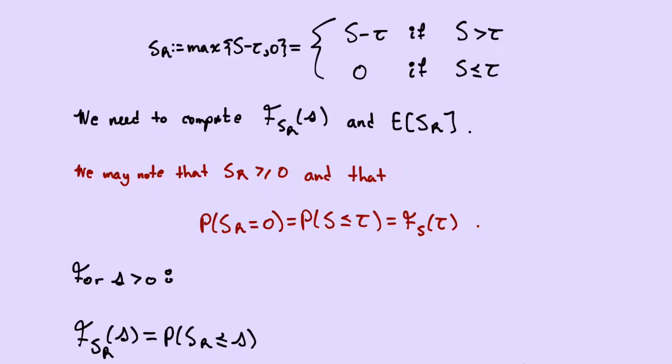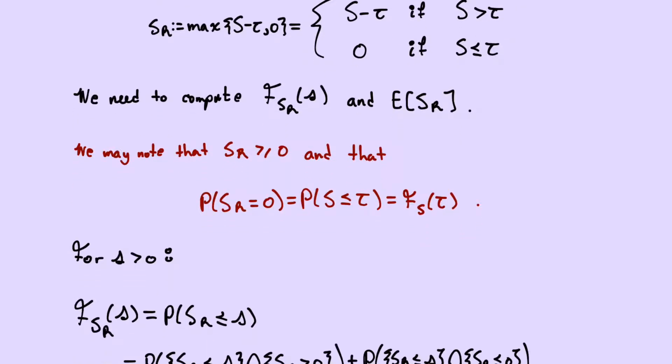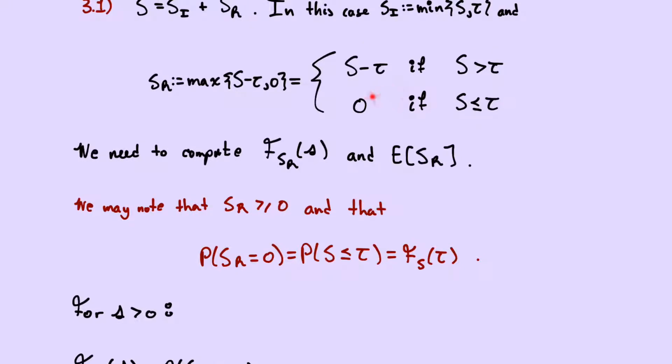And it's also important to note that it's not a continuous random variable in general, okay? Because it may have, and it will almost always have, a positive probability to be equal to 0. Why? Because the probability for S_R to be exactly equal to 0 would be the probability to be in this case, okay? And how can we compute that probability?